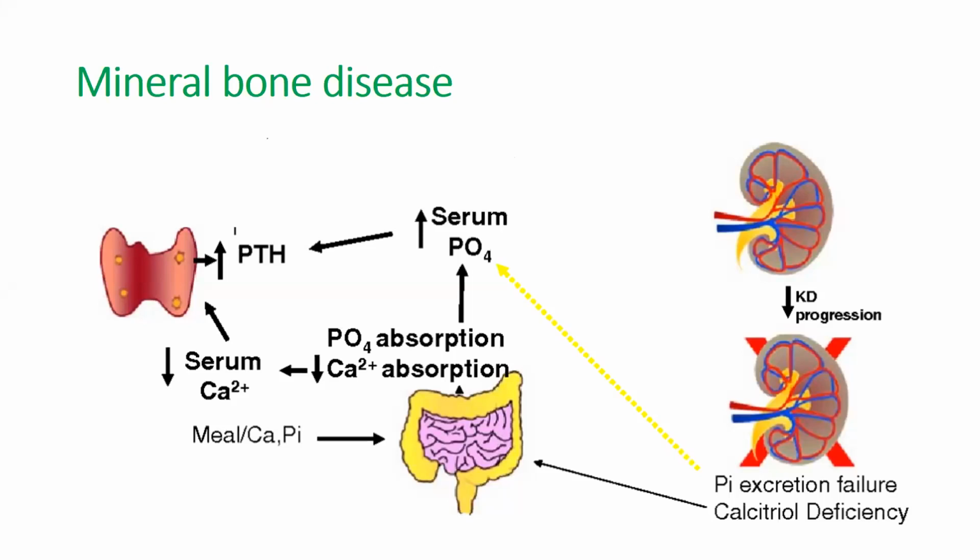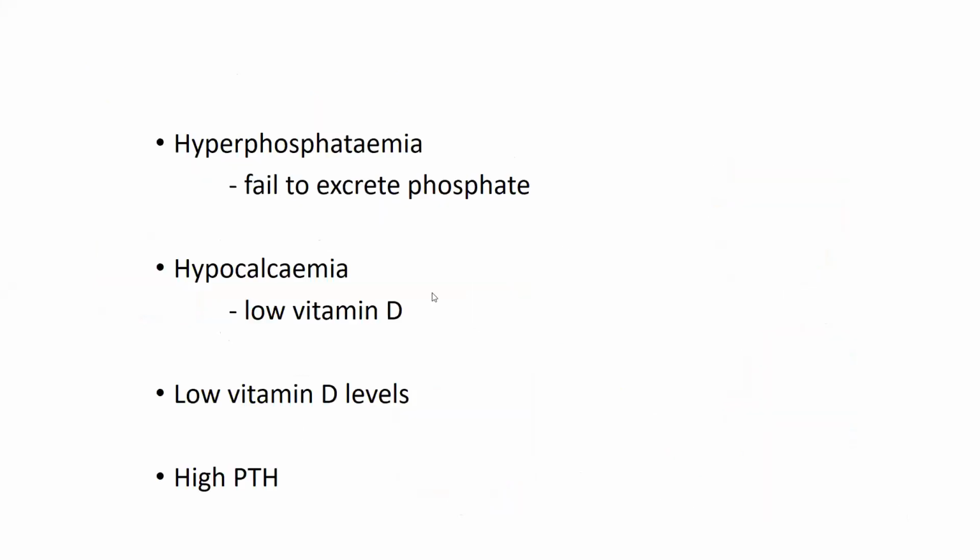But for the moment, if you know this and understand this, that is more than adequate. So these patients with CKD will have high phosphate, they will have low calcium, they will have low vitamin D, and they will have high PTH. So if you see these 4 abnormalities in a patient, you know that you are probably dealing with a patient with CKD.